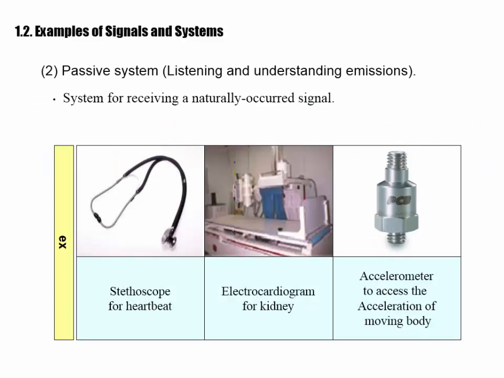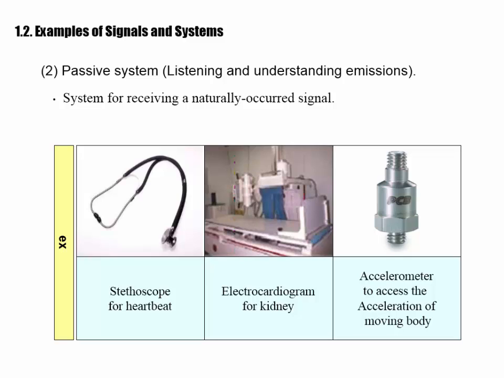And passive system. You don't need the extra battery or external energy to generate the signal. The system itself has a natural or ambient signal generated from itself. The stethoscope, right, or electrocardiogram. It just measures the resistance of your body, because your body also generates some current. Right?